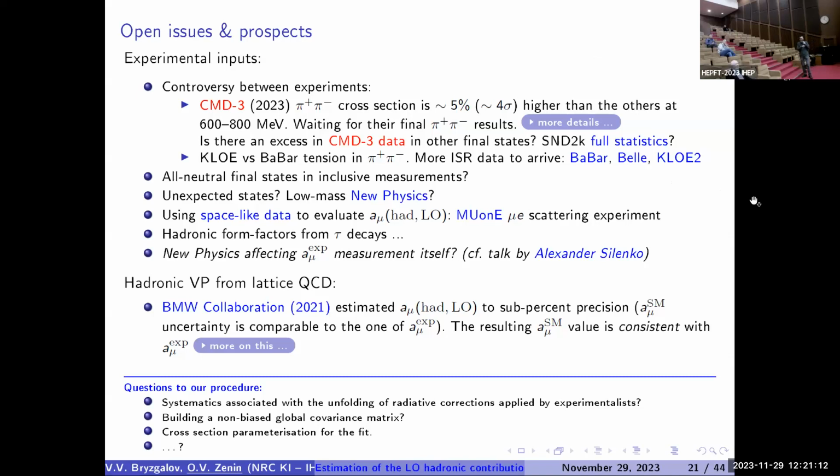There is a project of the MUonE experiment at CERN, which dumps the muon beam onto a fixed target and measures t-channel muon-electron scattering, which can also be used to extract vacuum polarization at low t. So this measurement will be complementary to what we have here.